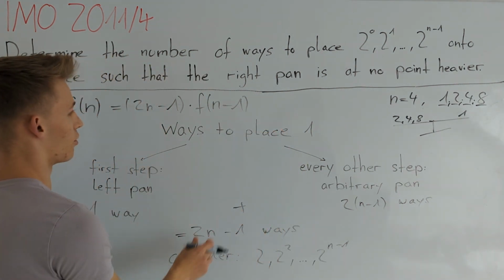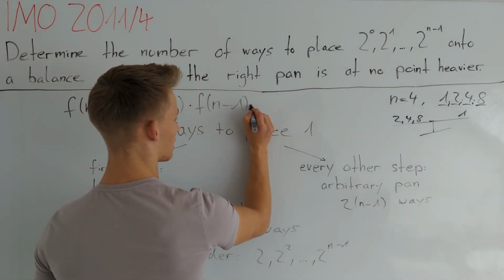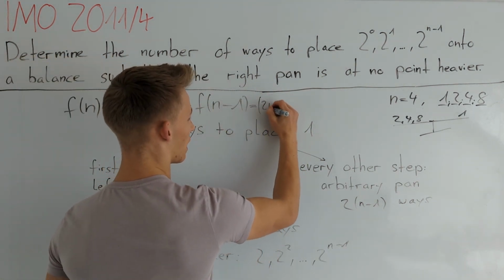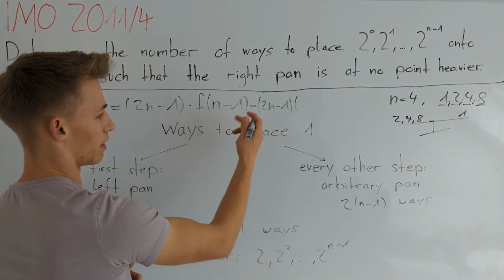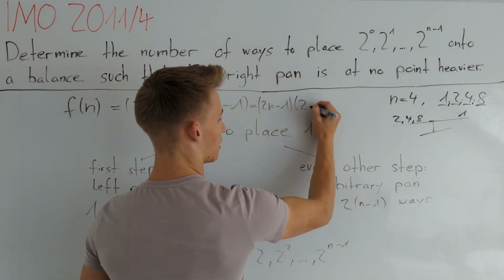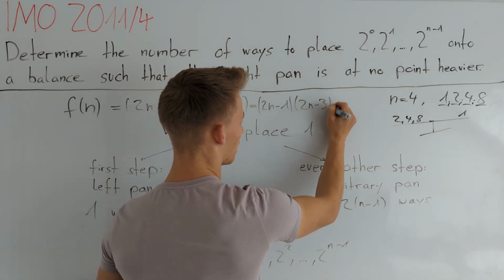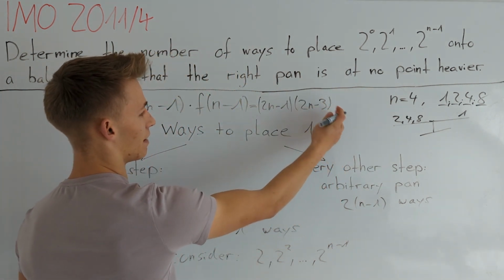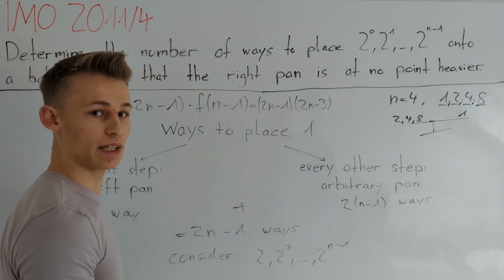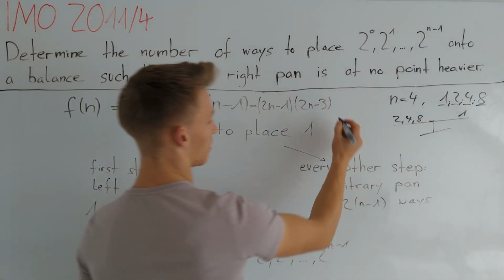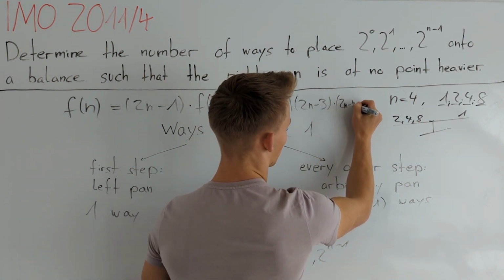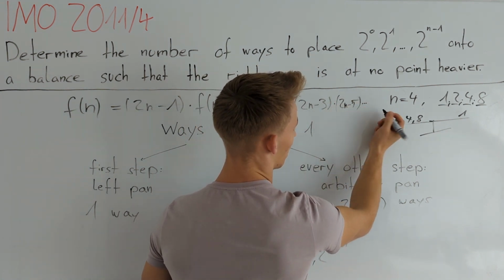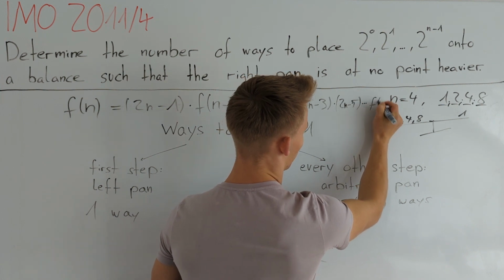But now we can go on with the same idea and say that this is equal to 2n minus 1 times 2n minus 3, times f of n minus 2, but we can repeat this process and end up that we have here 2n minus 1 times 2n minus 3 times 2n minus 5 and so on up to f of 1.